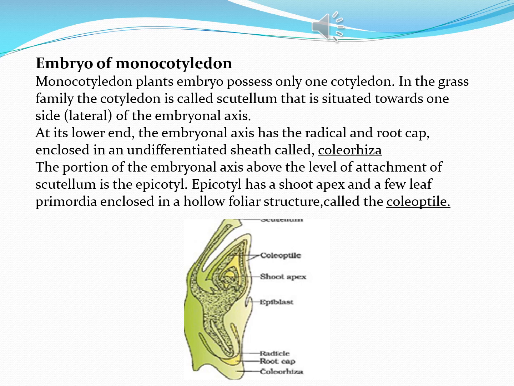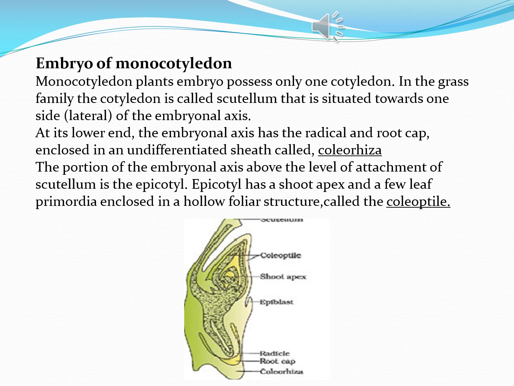At its lower end, the embryonal axis has the radicle and root cap.